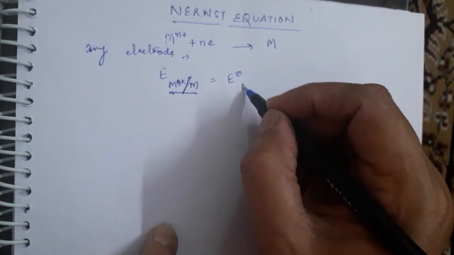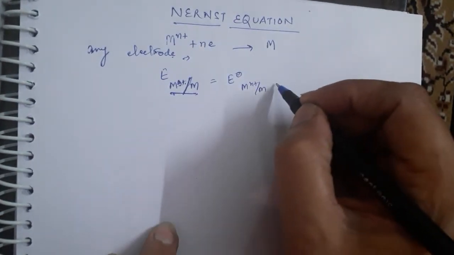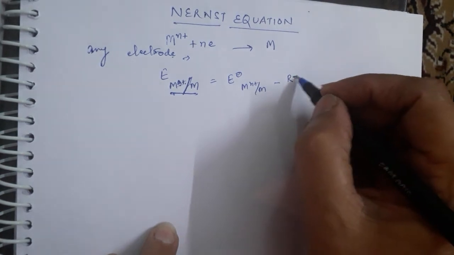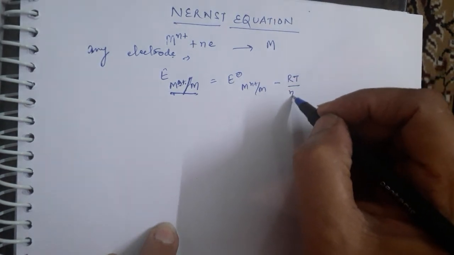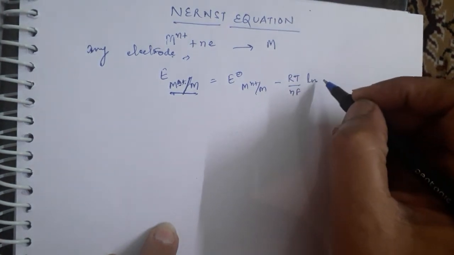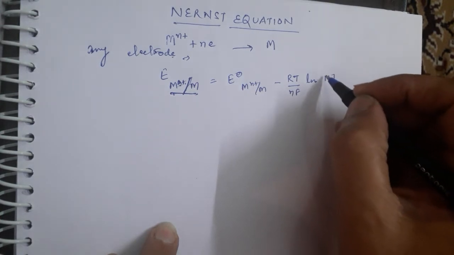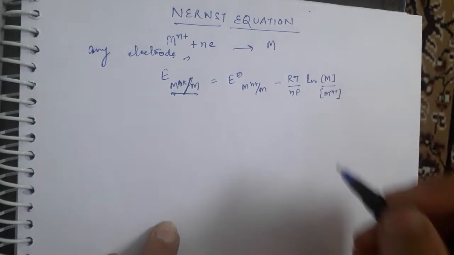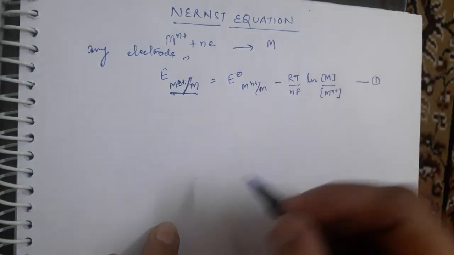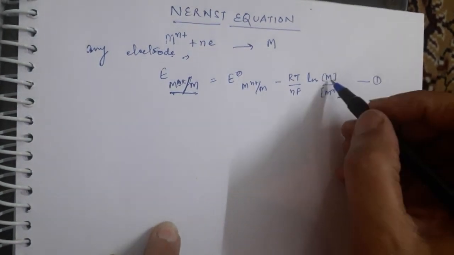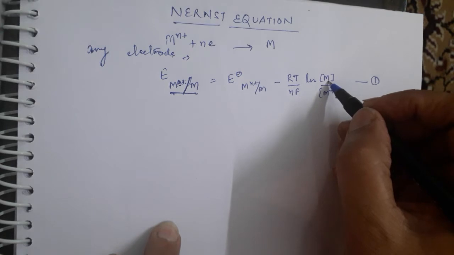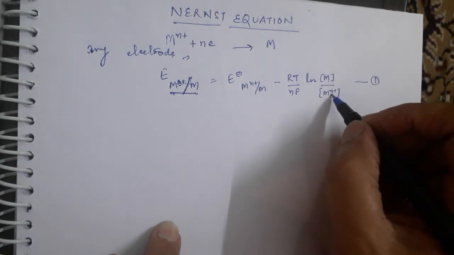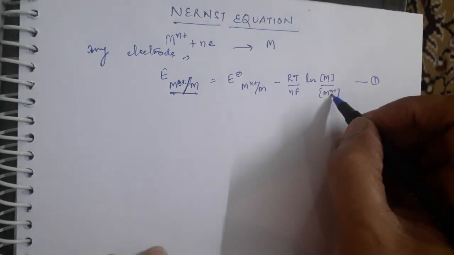E = E naught Mn+/M minus RT upon nF natural log M upon Mn+. Say this is the first equation. M is the concentration of the metal solid, Mn+ is the concentration of the ionic species. This can be written for any electrode.